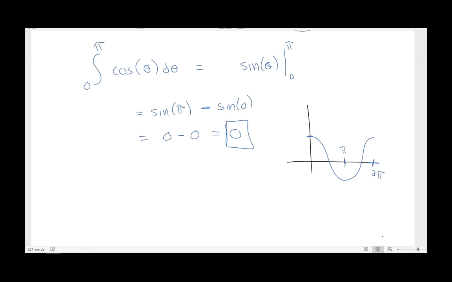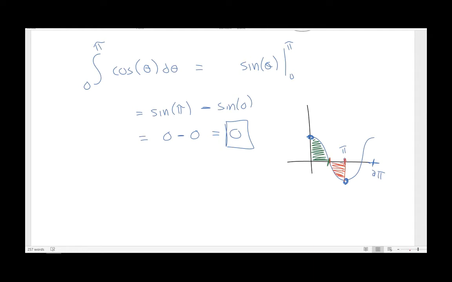I did not do a very good job drawing this without gridded graph paper, but we can see from 0 to pi, because this function's periodic, right? From 0 to pi over 2, we're finding the area that's here. And then I'm going to switch colors. From pi over 2 to pi, we are finding this area here.